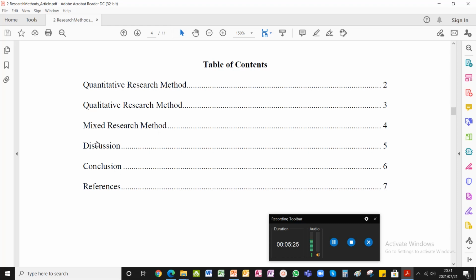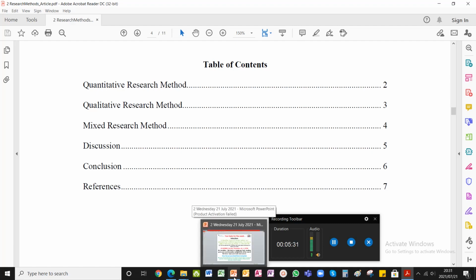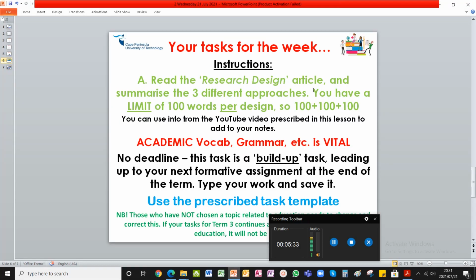And then he does a discussion and a conclusion. So this is his little article. What you have to do is read this article, and you have to summarize the 3 different approaches. Each approach, you will only have a limit of 100 words. So 100 words to summarize quantitative, 100 words to summarize qualitative, and 100 words to summarize mixed methods.